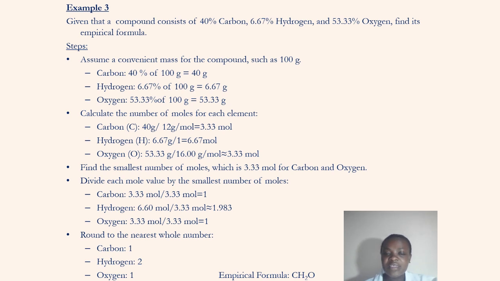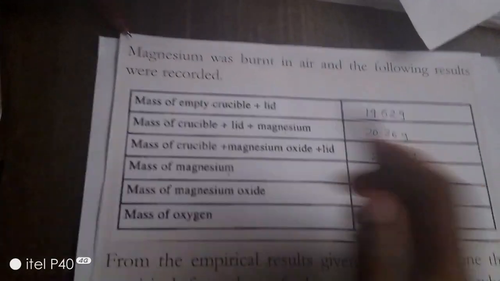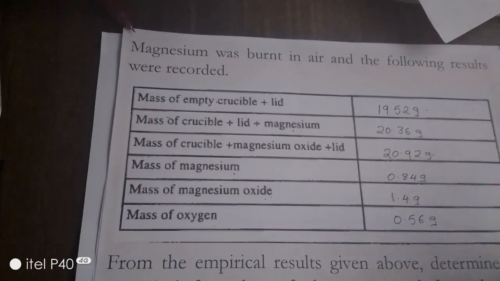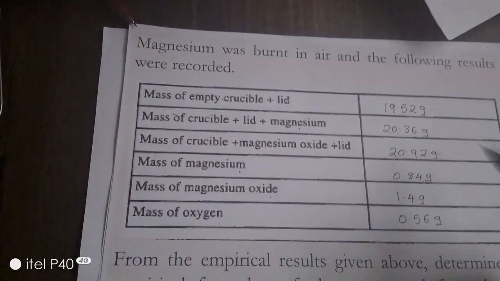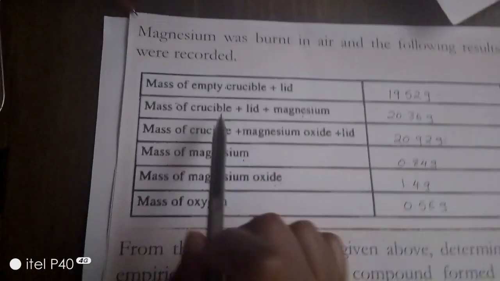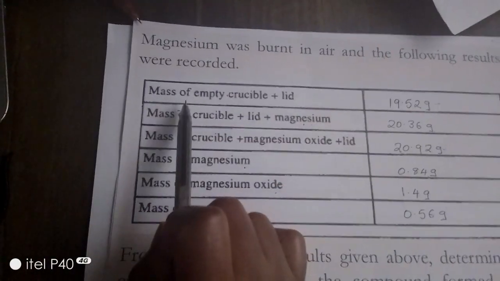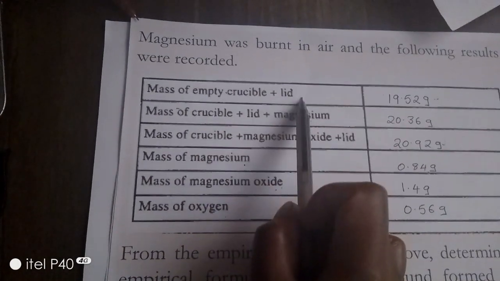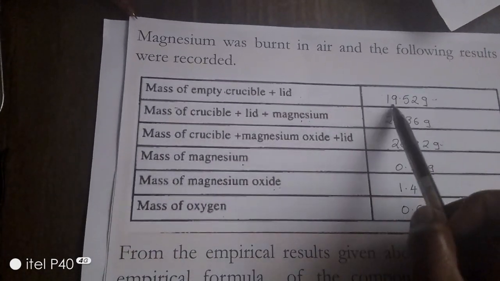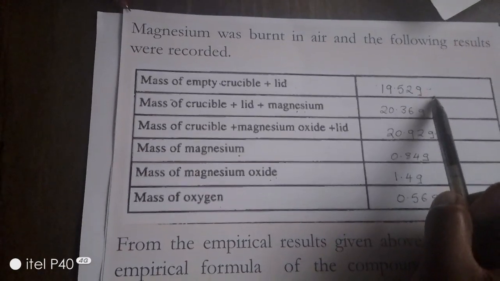So now let's move to our example 4. Next question. This was an experiment where magnesium was burnt in air and the following results were recorded. We used an empty crucible and a lid, which we measured to be 19.52 grams.